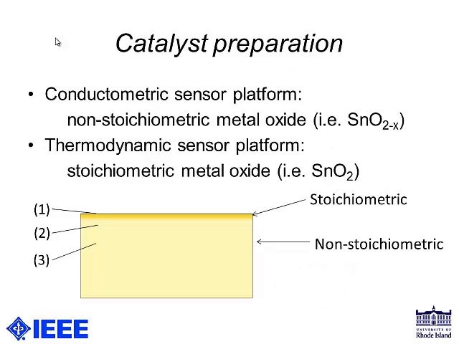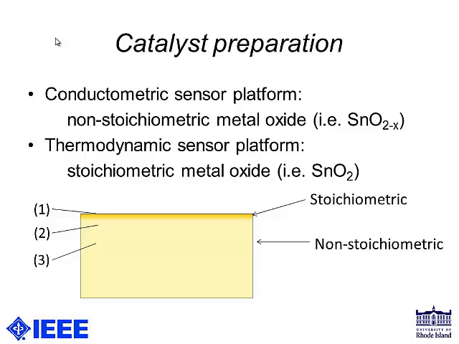Still, there is a challenge, because the conductometric platform prefers to yield maximum sensitivity when using a non-stoichiometric metal oxide catalyst. However, the thermodynamic platform prefers otherwise. So to answer the challenge, we developed a treatment process by depositing non-stoichiometric oxide onto the substrate, then heating it to about 500 degrees C for 5 hours within pure nitrogen to improve the quality of the film.